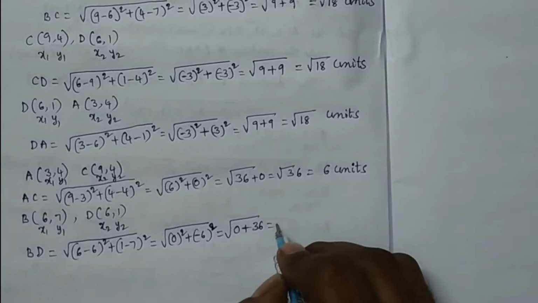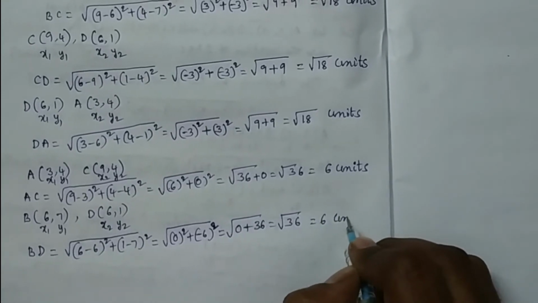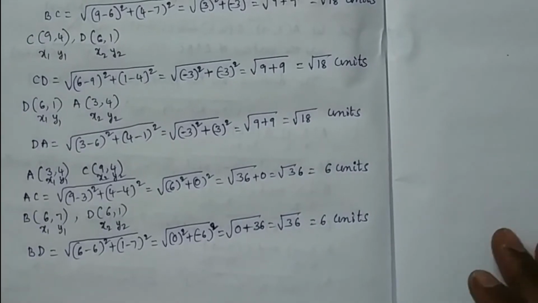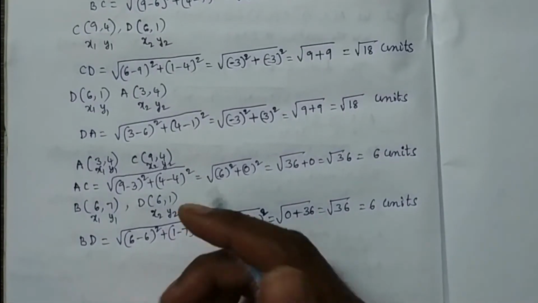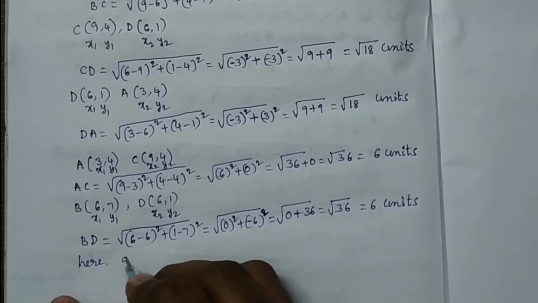So 0 plus 36, root 36, that value is 6 units. So here the diagonals are also equal, and all sides are equal.